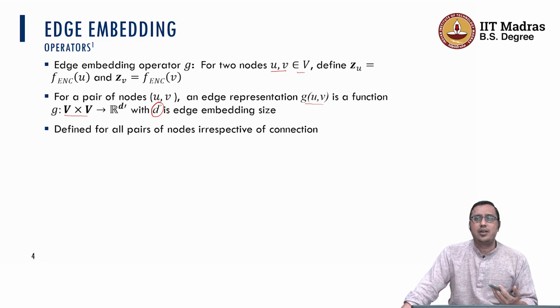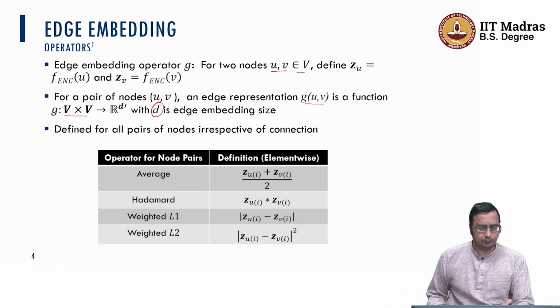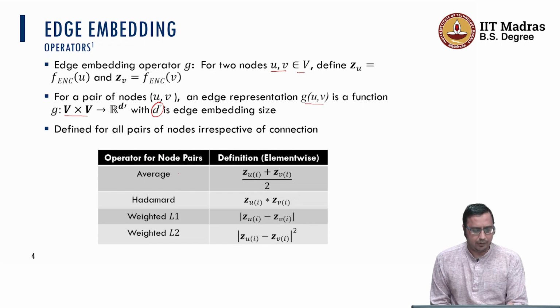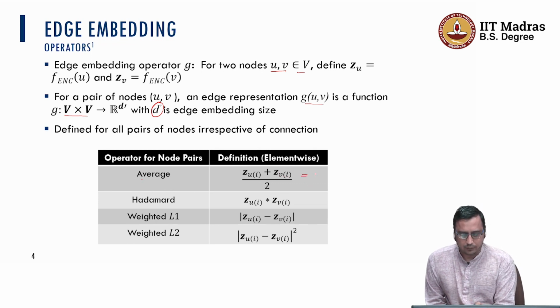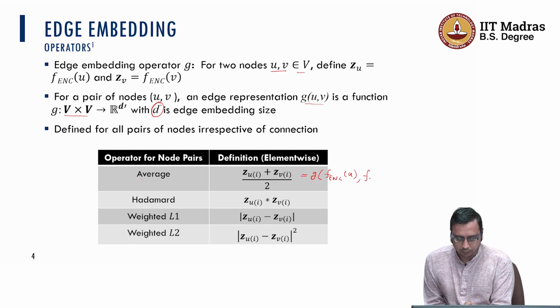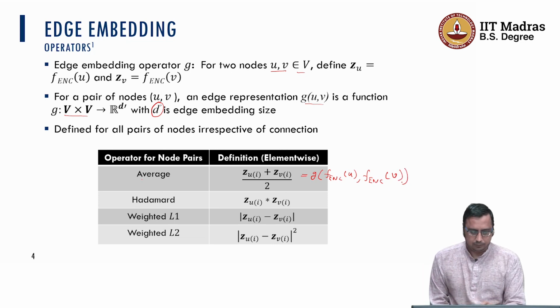Now the question is, what are the forms of G? So here, the operator for a pair of nodes can be the average, which is G = (Z_U[i] + Z_V[i]) / 2. Sometimes you can think of G as a function of the encoder of U and the encoder of V. And this G here is just the average of each element of U and V divided by 2.